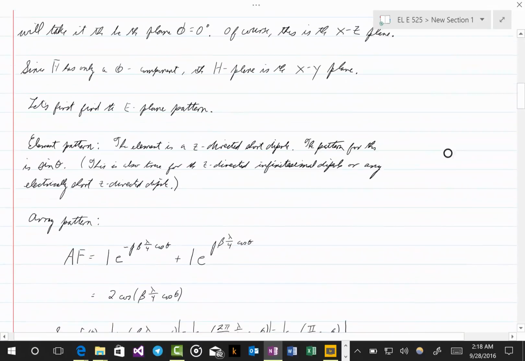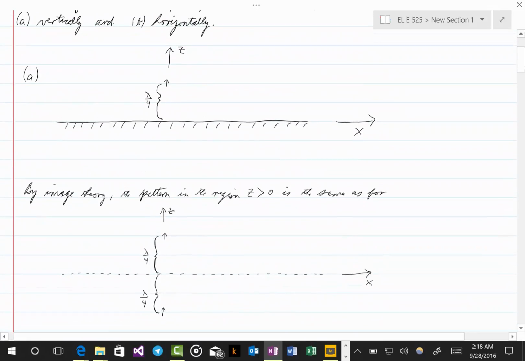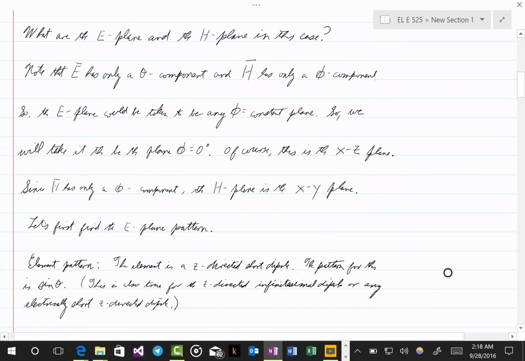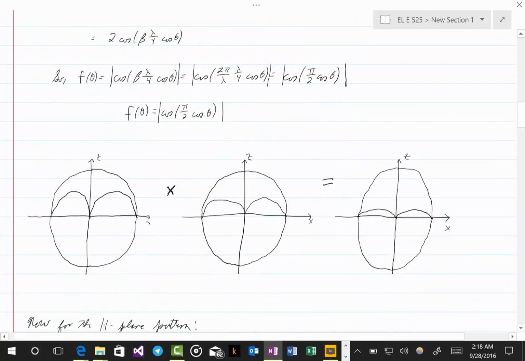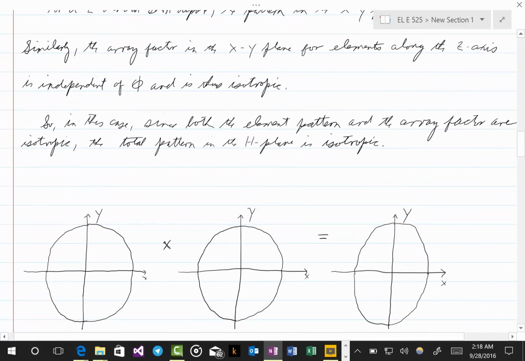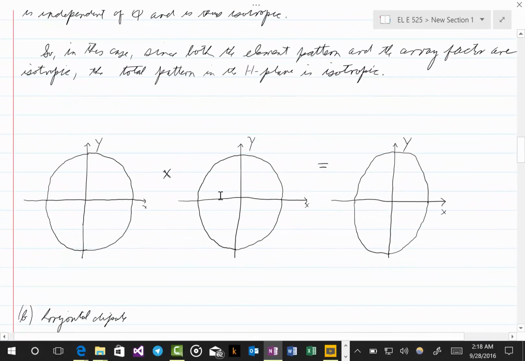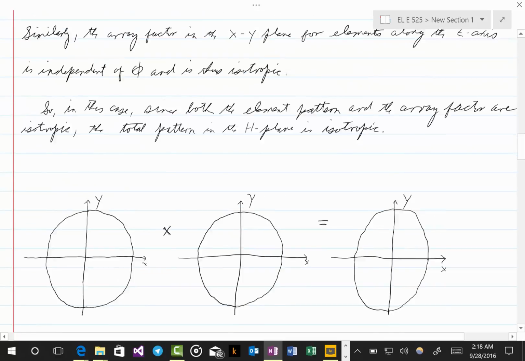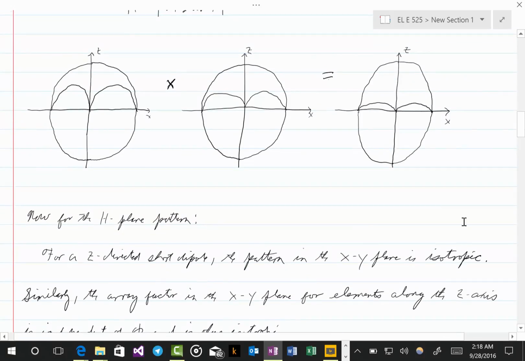For the vertical dipole, when we looked in the E plane, we got this array factor, but when we looked in the H plane, we got this array factor. And once again, the E plane could have been any phi equals constant plane.